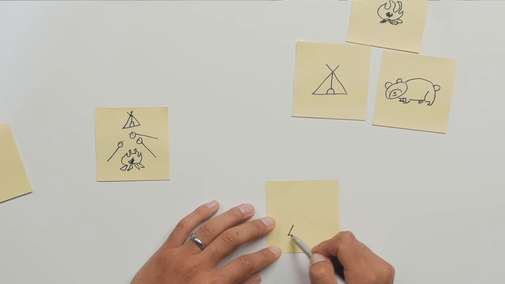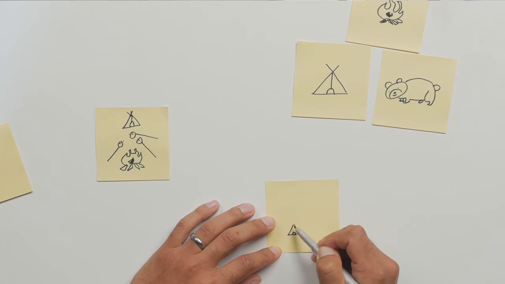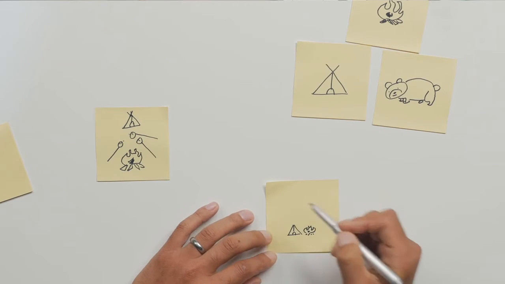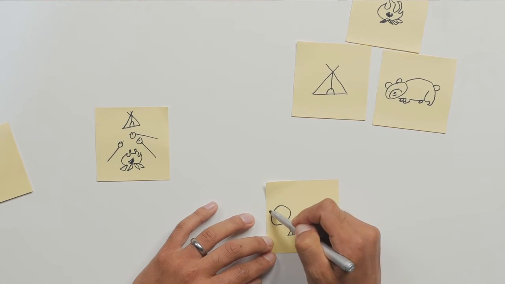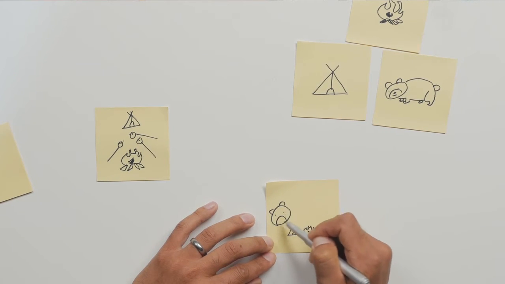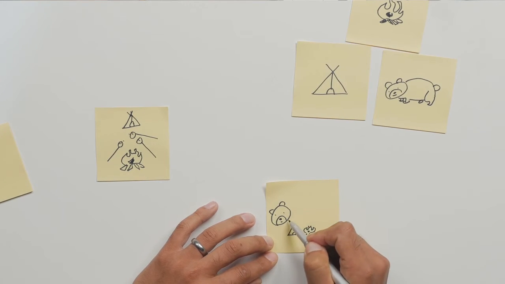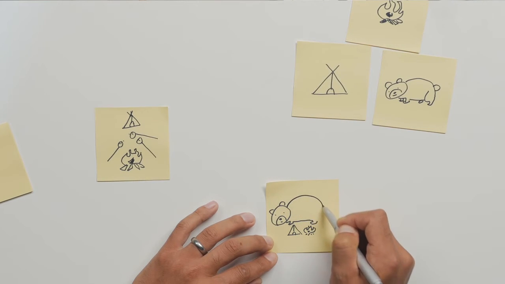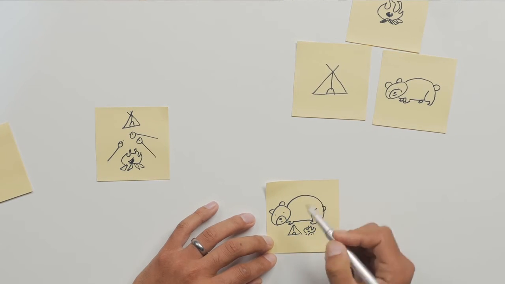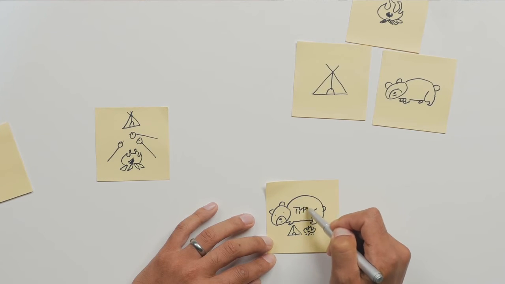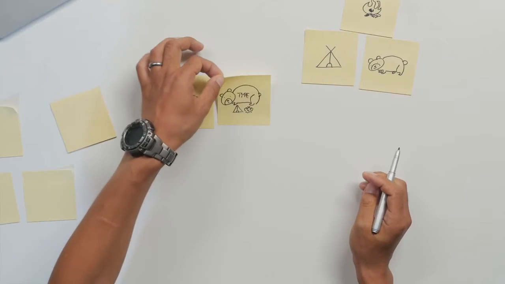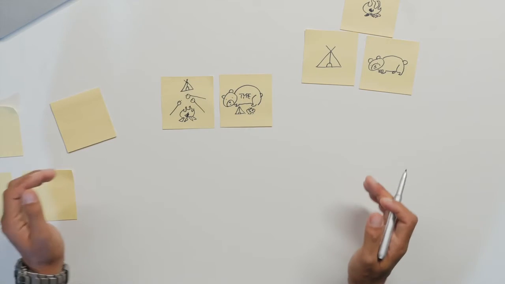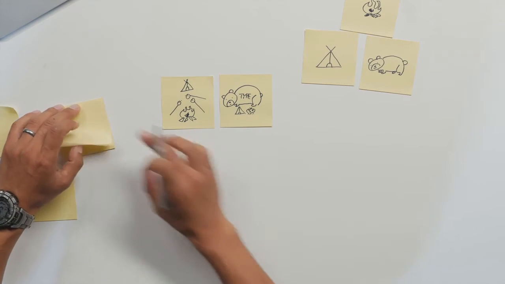Maybe the tent and the campfire is smaller here. And I have the big bear in the background. Maybe type goes in here. So this would be another idea option.